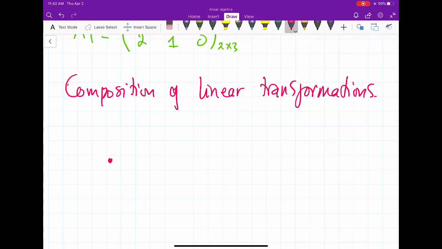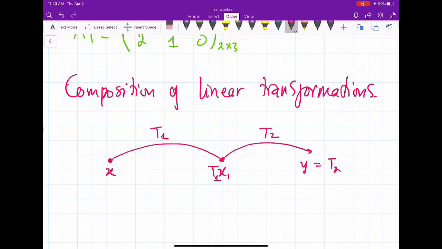Like you are here, you go to the next one via T1: I say x, here is T1(x), and you go from T1(x) to y, which is equal to T2(T1(x)). So you just realize a composition of these two linear transformations. Make sense? And how to find this?